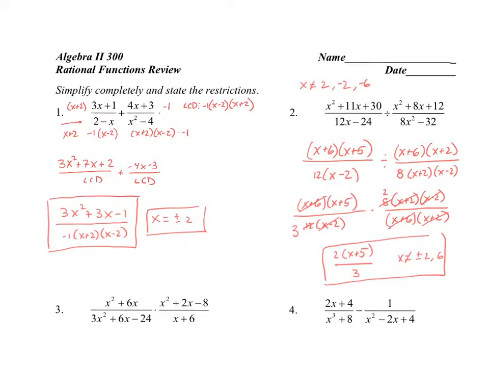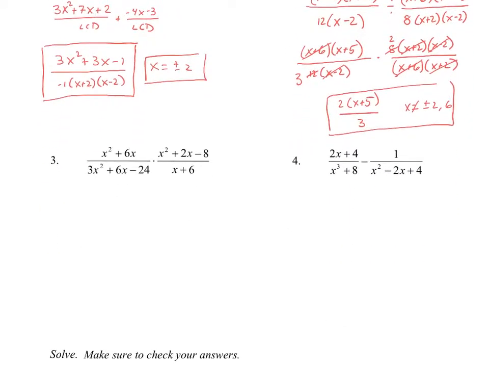Let's jump down to number 3, which is now just a straight multiplication problem. So again, we can factor everything within the problem. Bring out an x. I'm going to take out a 3, and I'm left with x squared plus 2x minus 8 times x plus 4 times x minus 2, and that's over x plus 6.